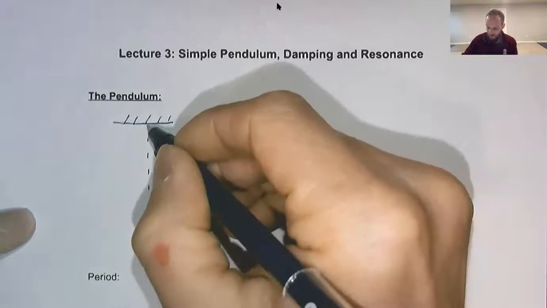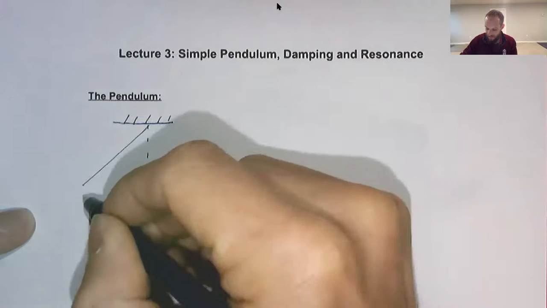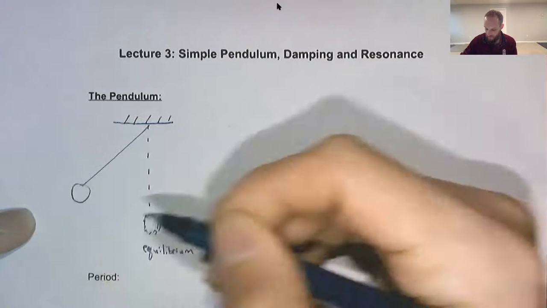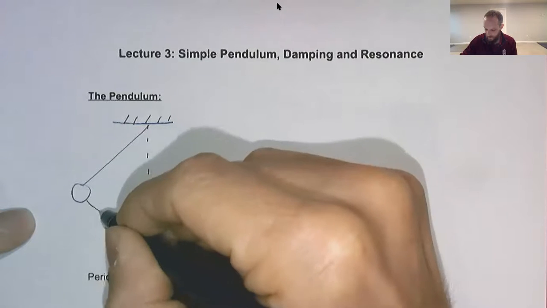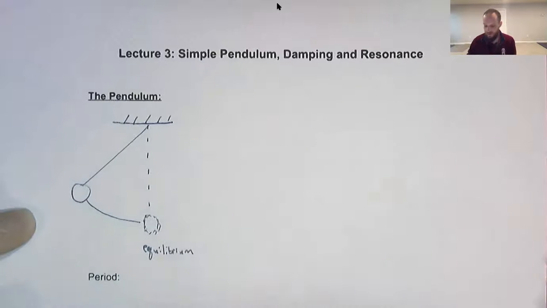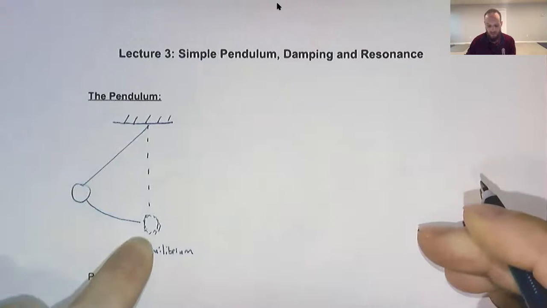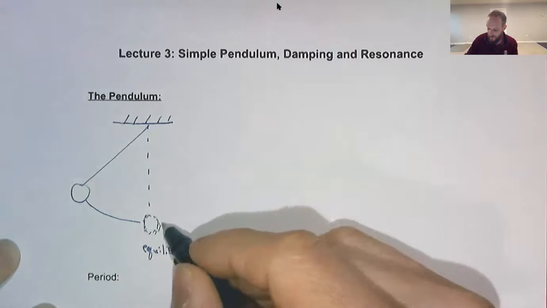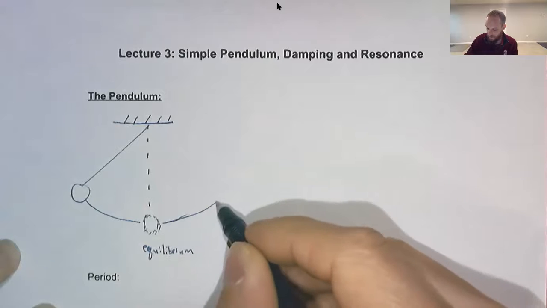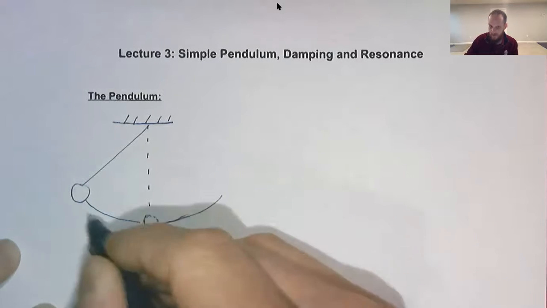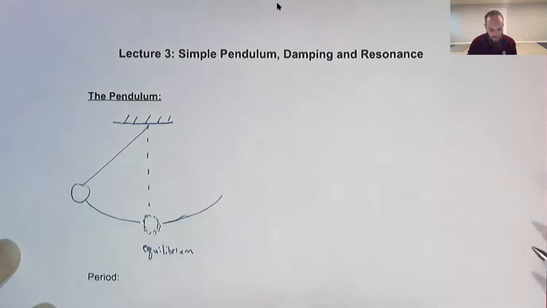If we pull it back over here, then it's going to want to swing down over this arced path, pick up speed. When it hits equilibrium, it's going to go super fast, and it's going to swing up the other side. So we got a positive and a negative amplitude back and forth on either side of equilibrium.